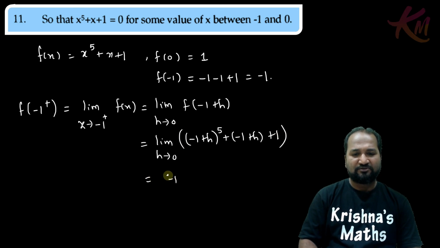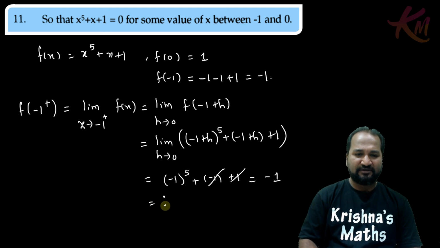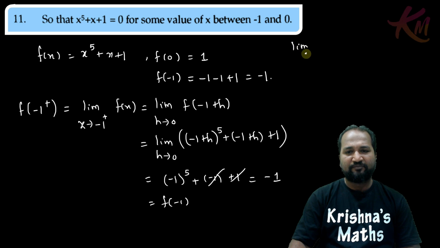Putting h as 0, minus 1 raised to the power 5 plus minus 1 plus 1, so these two cancel, giving minus 1, which is equal to f of minus 1.